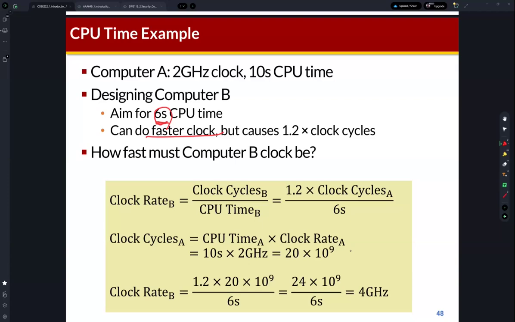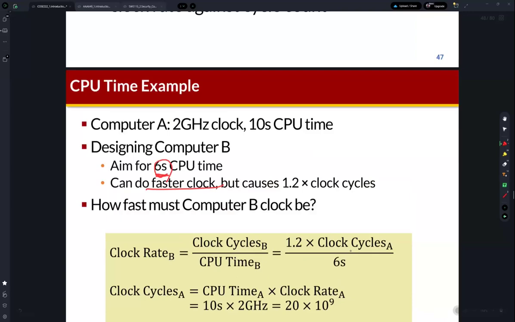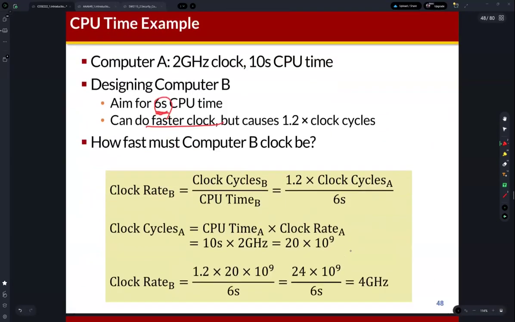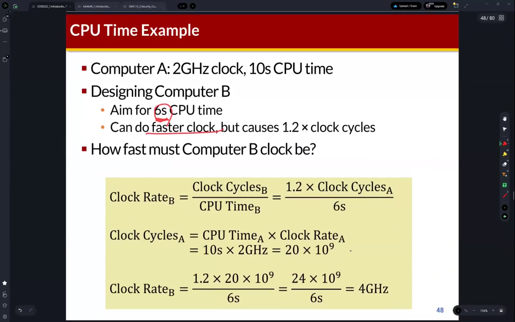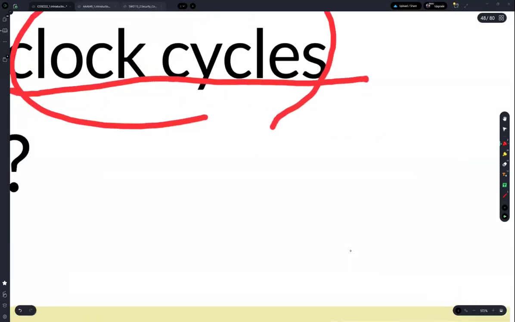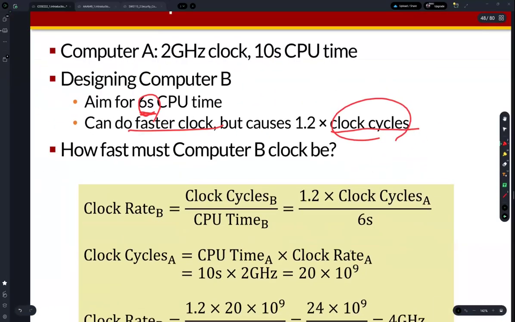We can actually use this equation. If we use this equation, we can calculate the clock cycles for this program on computer A, and the clock cycles are increased by 1.2 times.